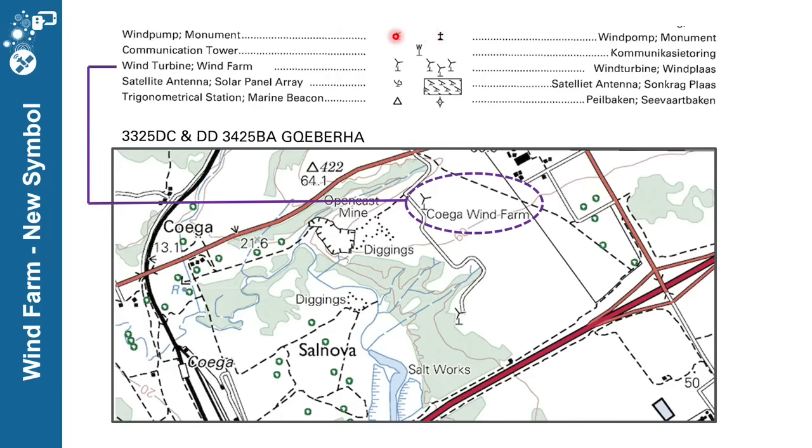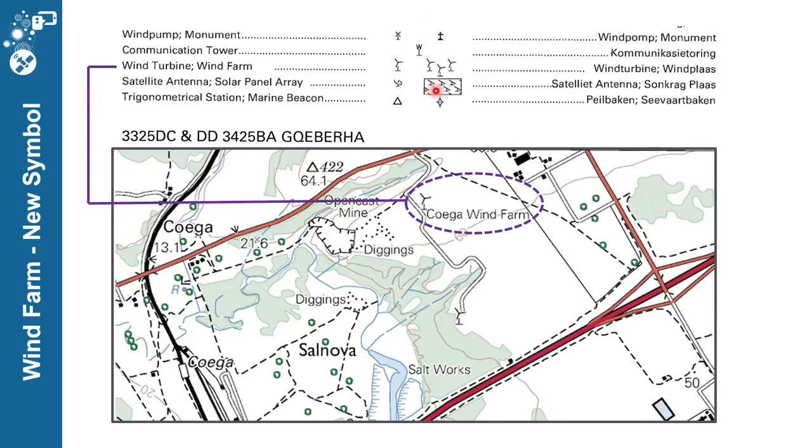There are 2 symbols, there are 2 descriptors, and the first descriptor describes the first symbol, the second descriptor describes the second symbol. So here, for example, you've got a wind turbine, wind farm. So this one is the wind turbine, and because there are many wind turbines together, it's called the wind farm. Okay?